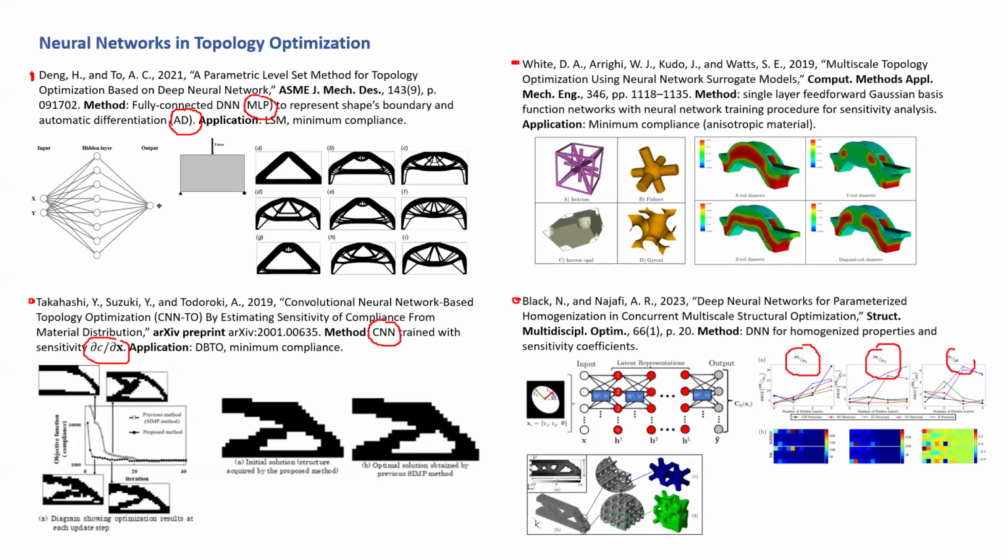So this one would be the derivative of the objective function with respect to the design variables, and the design variables correspond in this paper to the size, to the radii and the orientation of the void inside a cell. And they do that also in 3D.